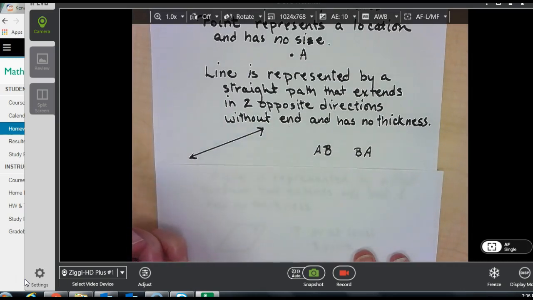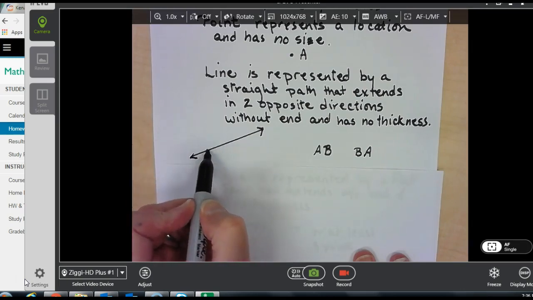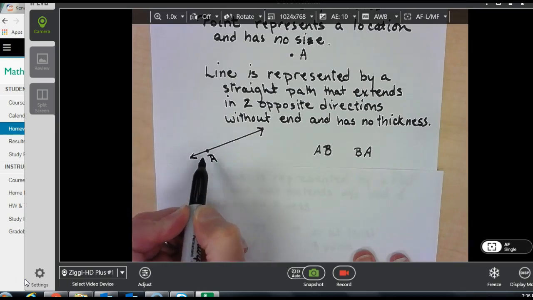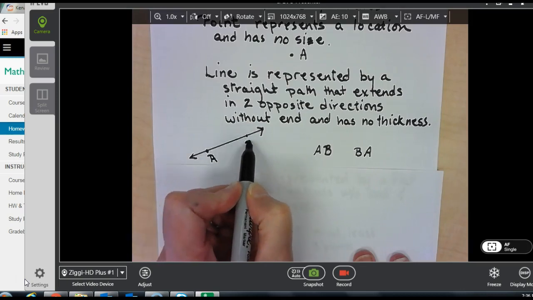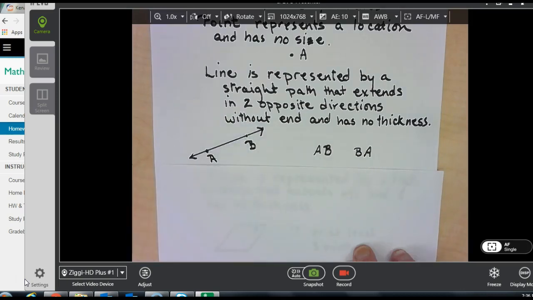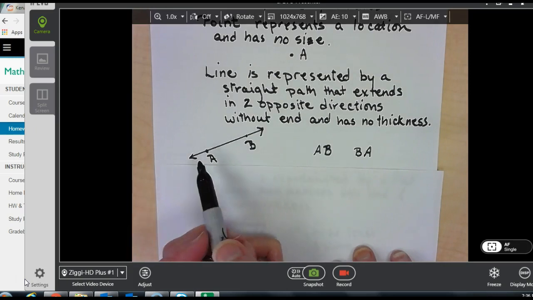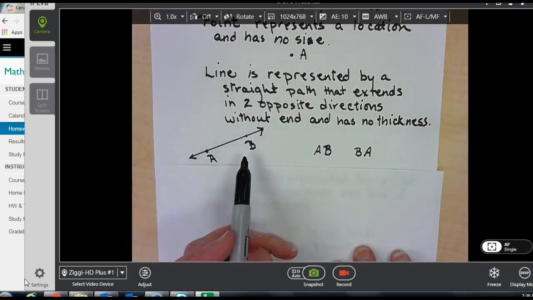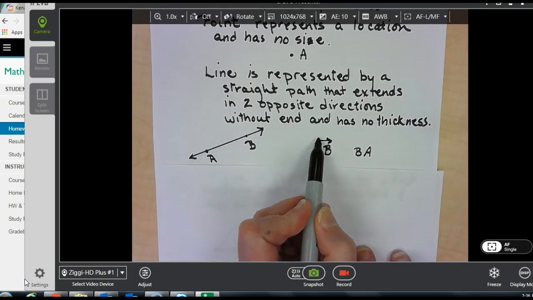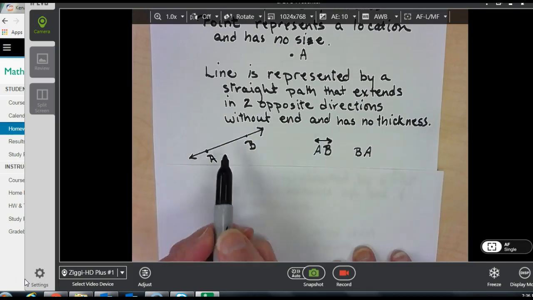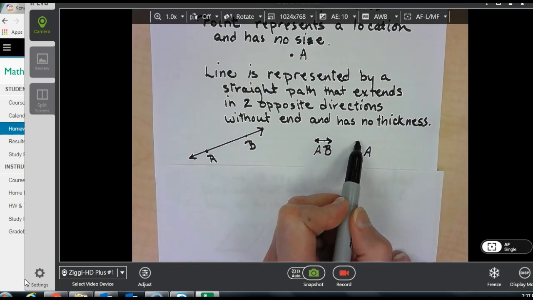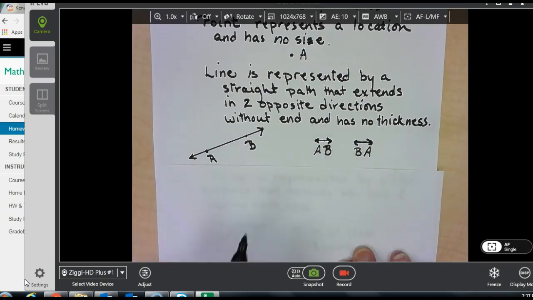We also put letters in there. So we put a little dot, that can be A, this one can be B. When we name it and are talking about a line, so if we had several on the page, this specific line is line AB. Or if we look at it the opposite direction, line BA. So we always put the symbol of what it is above it.